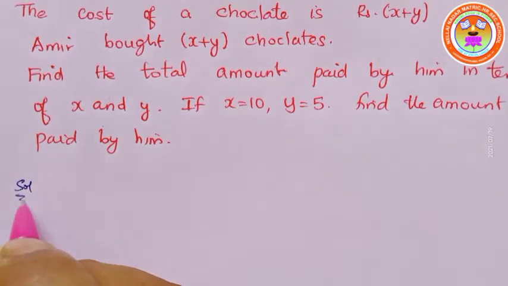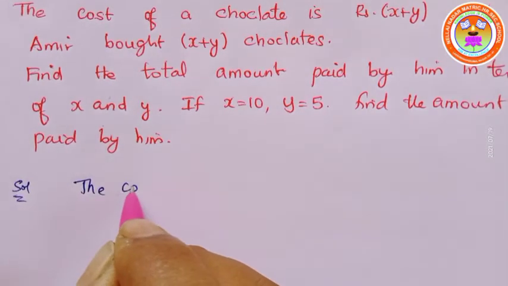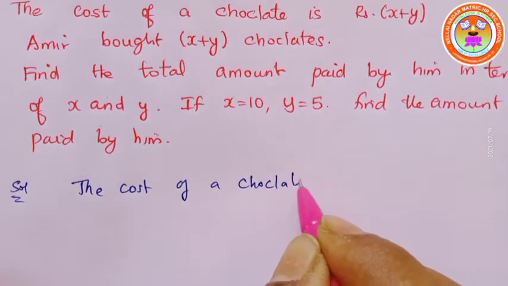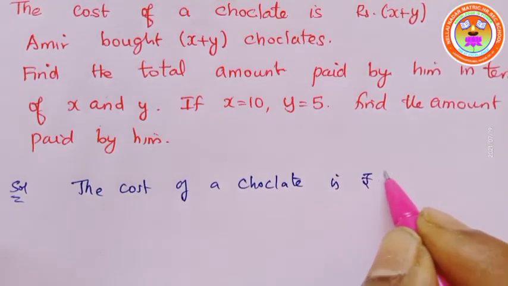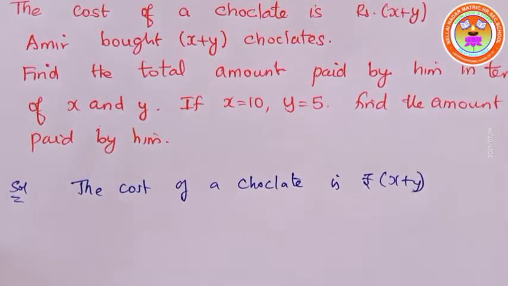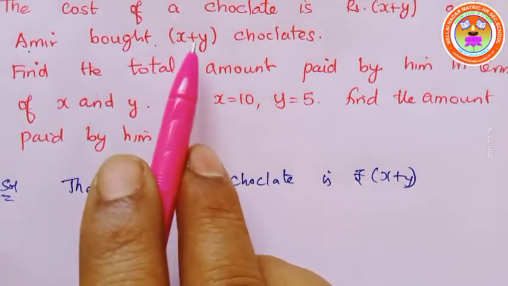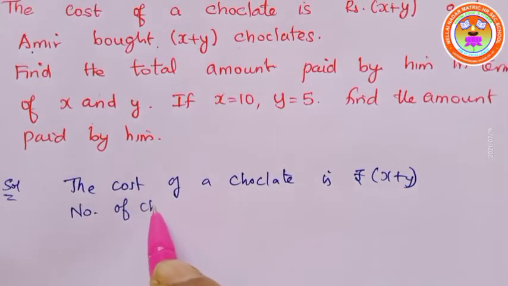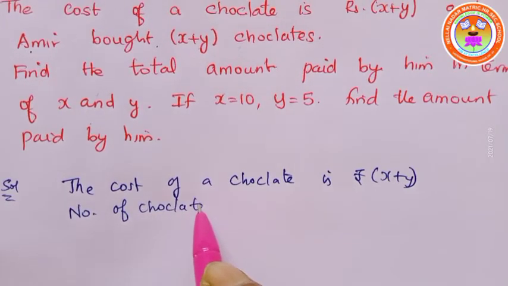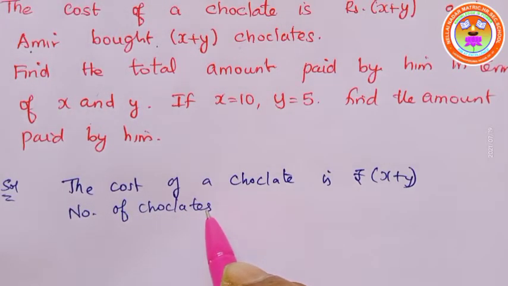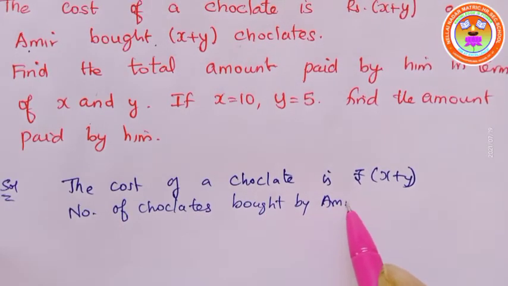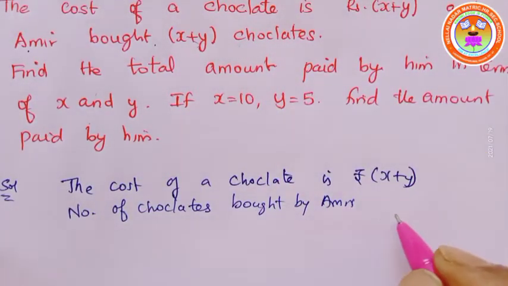Solution: the cost of a chocolate is rupees x plus y. Now Amit bought x plus y chocolates, so the number of chocolates bought by Amit is given as x plus y chocolates.